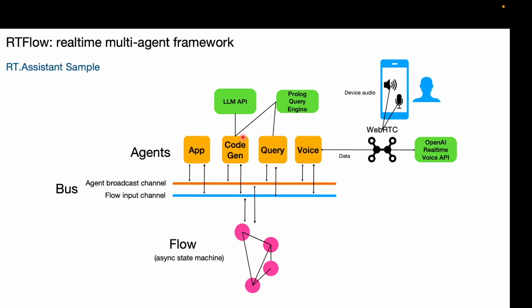The CodeGen agent will then use the LLM to convert that natural language query into equivalent Prolog, obtain the solution to that query, the solution set, and then broadcast the solution set message on the channel, which will be picked up by the voice agent, and the results sent back as tool call results to the API, and the API will then take those results and announce them to the user via audio.